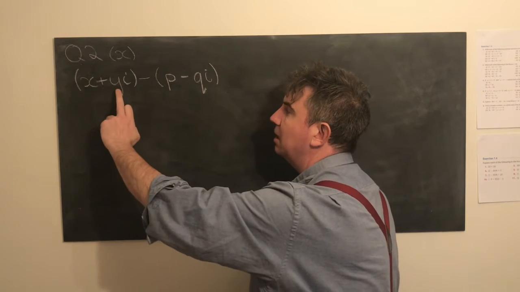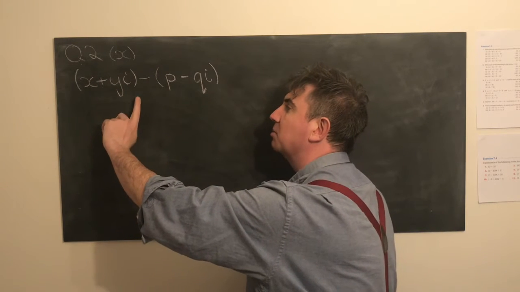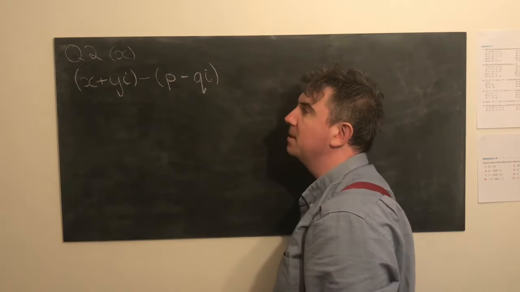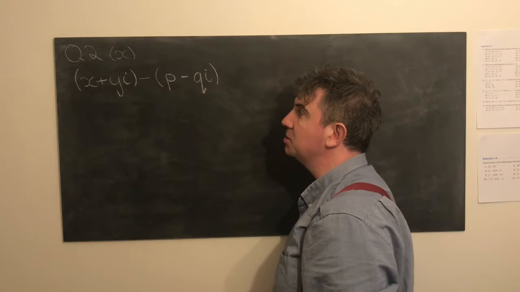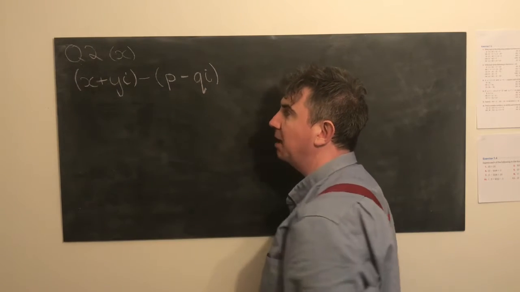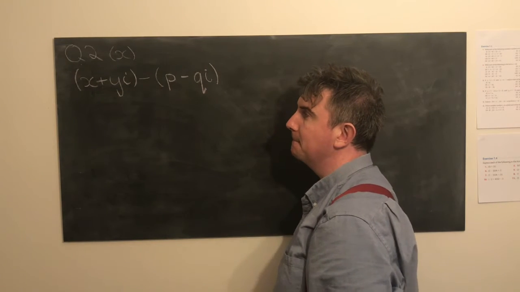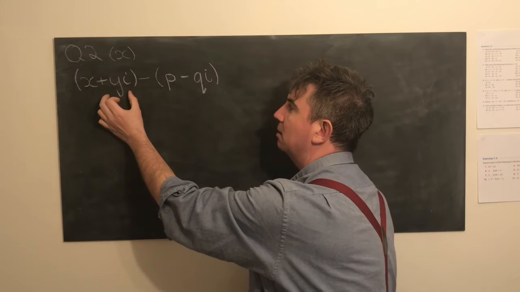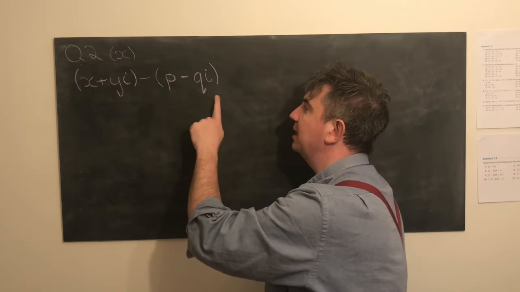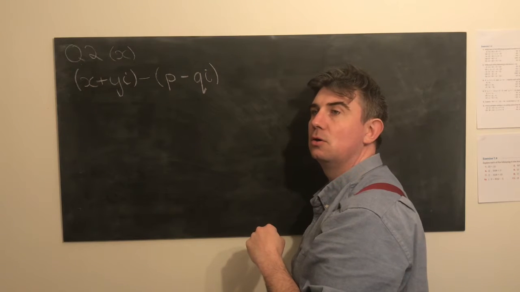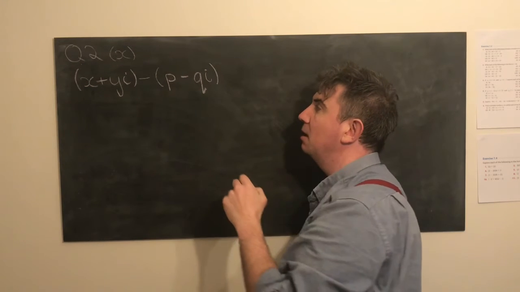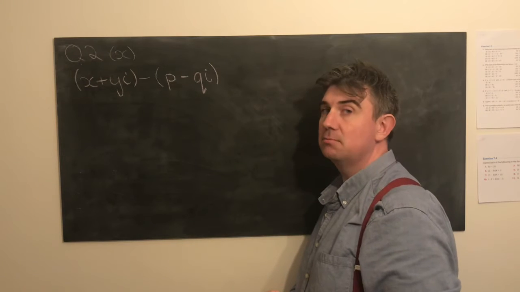So what's the imaginary part and what's the real part over here? So the real part is, okay, so the real part is the x, and what's the imaginary part? Good, it's the yi. And then what's the real part in this complex number? Good, it's going to be the p. And what's the imaginary part in this complex number?